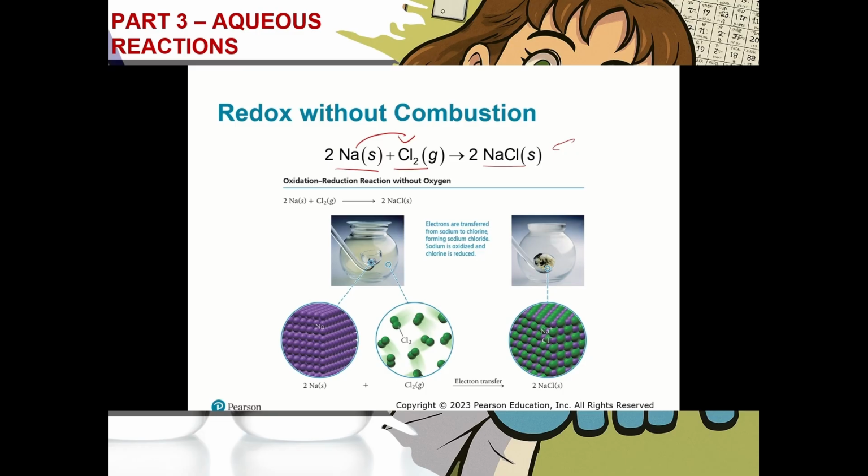Sodium is oxidized and chlorine is reduced. The sodium atoms are compactly arranged in the lattice like you see over here. Each chlorine molecule exists as two merged spheres. So the electron transfer results in a solid comprising alternating sodium plus and chlorine minus ions, or chloride ions, compactly arranged in a lattice structure. Okay?